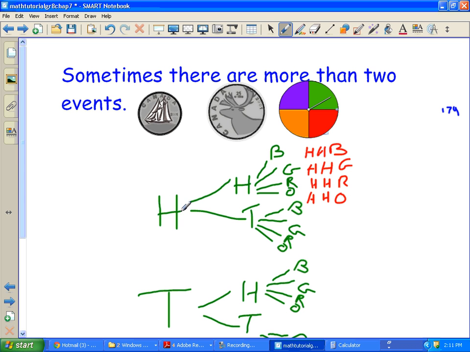So those are my possibilities just looking at this batch up here. Now, looking at this one here, I could have gotten a head, tail. So I could have gotten head, tail, blue, head, tail, green, head, tail, red, and head, tail, orange.